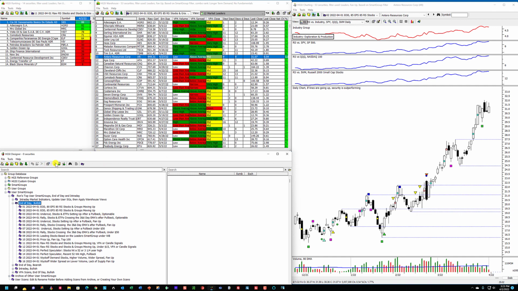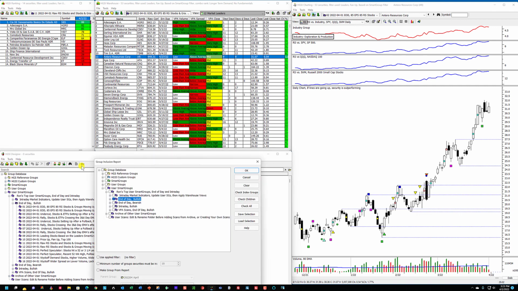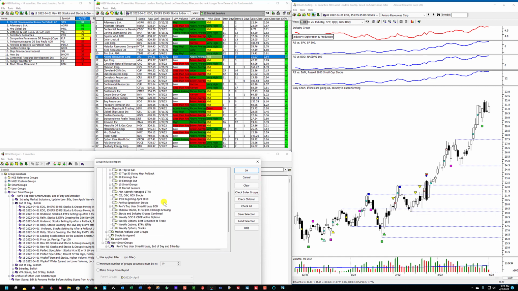Now, what I want to show you is when I go into the group inclusion report and I go to my user smart groups. First of all, I want to clear all. I didn't want to check all, I want to clear all. And go into my user groups under my non-index files.